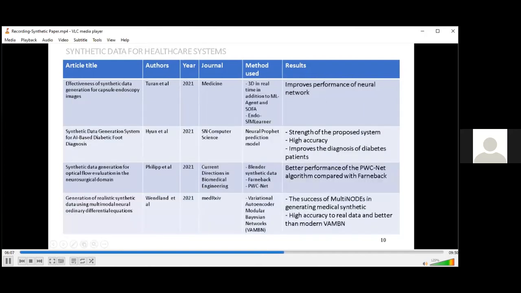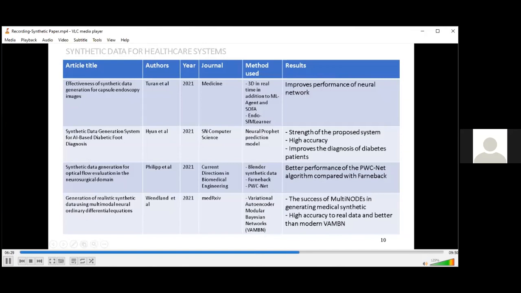In this article, the effectiveness of synthetic data generation in capsule endoscopy images. They used 3D and real-time addition to a machine learning agent and SOFA and SfM Learner. Their results improved the performance of neural networks.